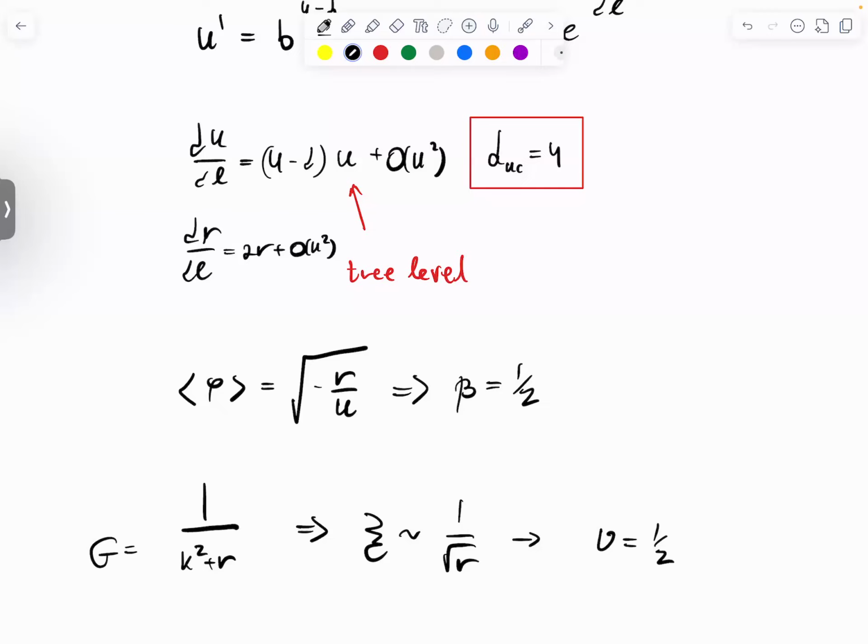So if you naively interpret the critical exponents from the scaling of the fields, you won't get the right critical exponents. You have to be more careful than that. I don't know if that's what they call not renormalizable.